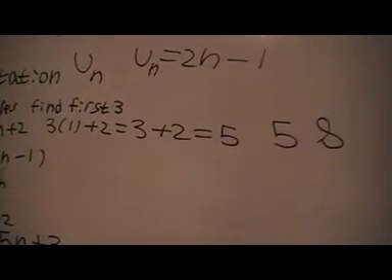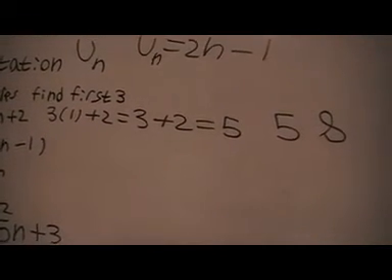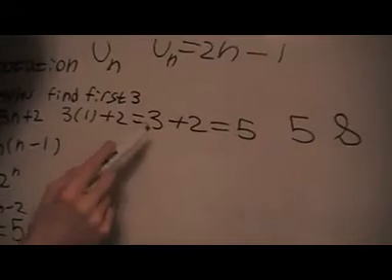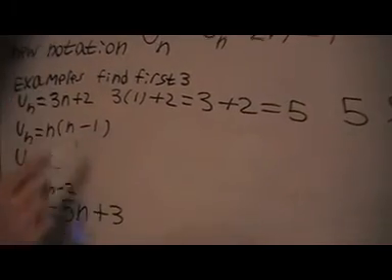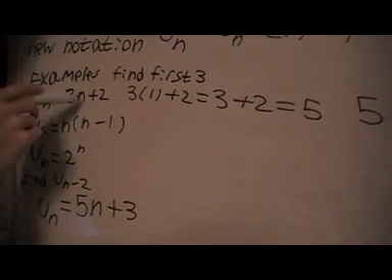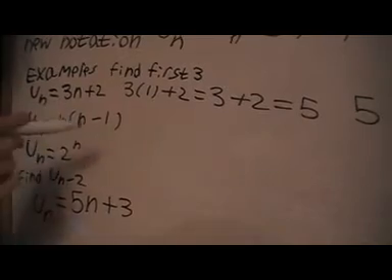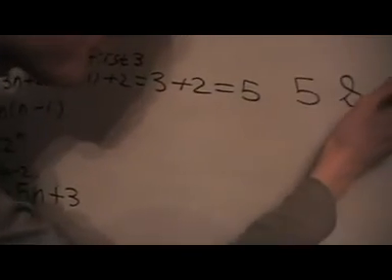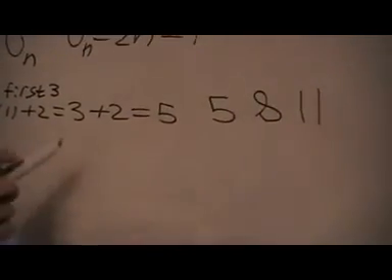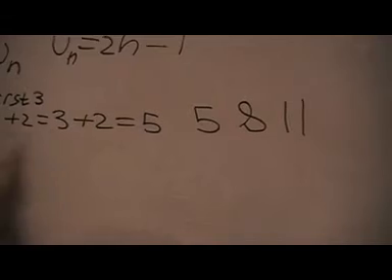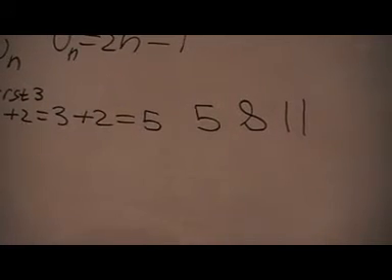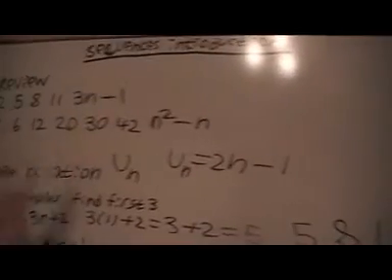Then the third term would be 3 times 3 plus the 2, which is 11. And strangely enough, even though this is a different rule, it copies that pattern up here.